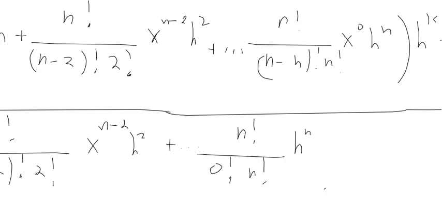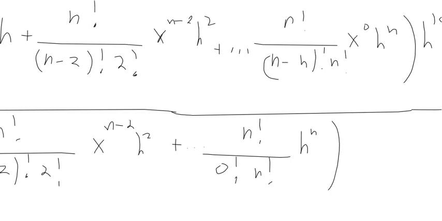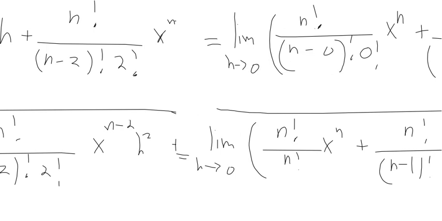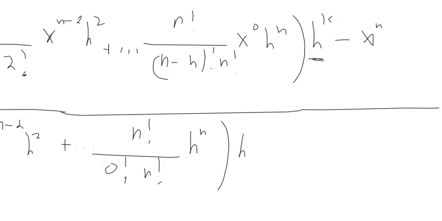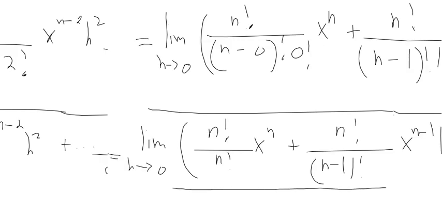All this is in brackets because I'm going to be multiplying by h to the k, minus x to the n, all over h.